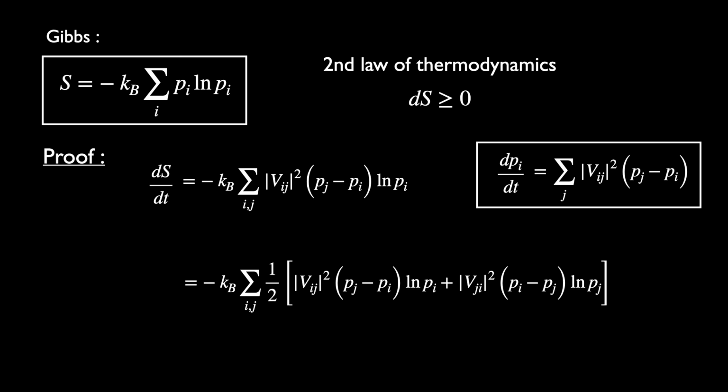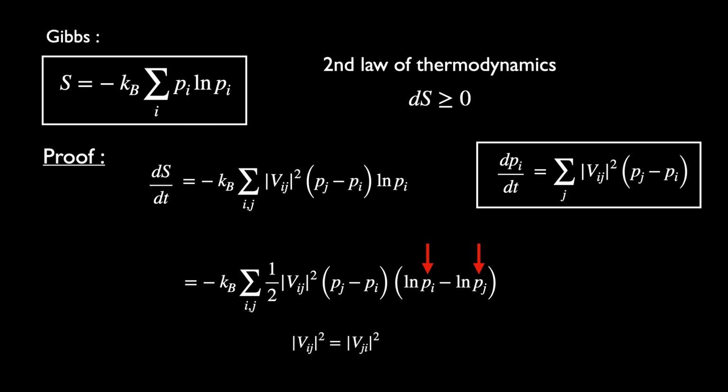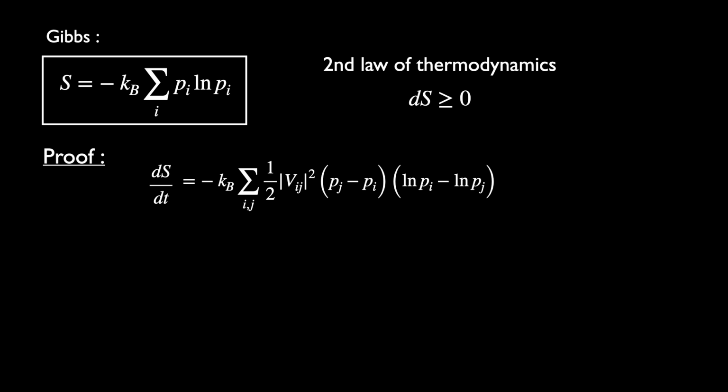Now using the fact that the absolute square of Vij equals Vji, dS/dt is equal to minus kB sum over ij, half times the transition probability from j to i, times the difference between pj and pi, and multiplied by the difference between log pi and log pj.